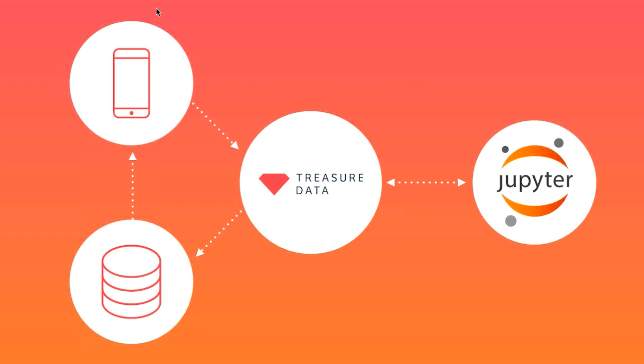Our user is collecting the data from their applications and pushing it to Treasure Data. The analyst is using Jupyter and Pandas to interact with and analyze the data, like you just saw, but they're also running machine learning algorithms directly on Treasure Data through Hivemall, controlling it all through the Jupyter Notebook, and then pushing that data back to Treasure Data.